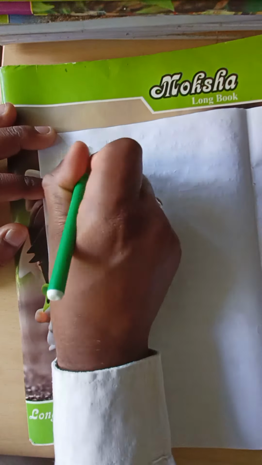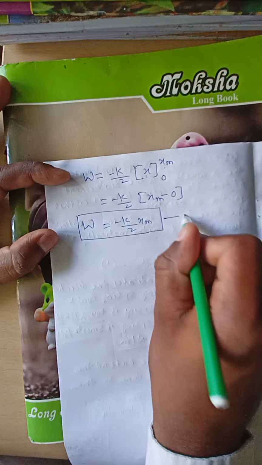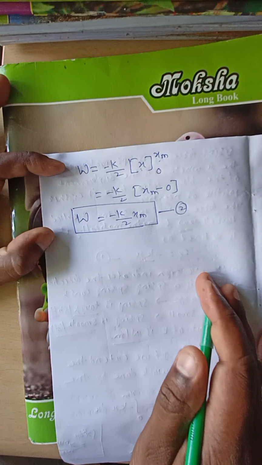This is equal to minus k by 2 into xm squared. This is the work done when the spring is extended.